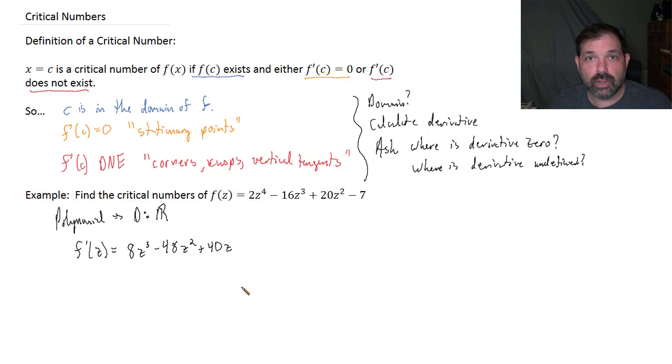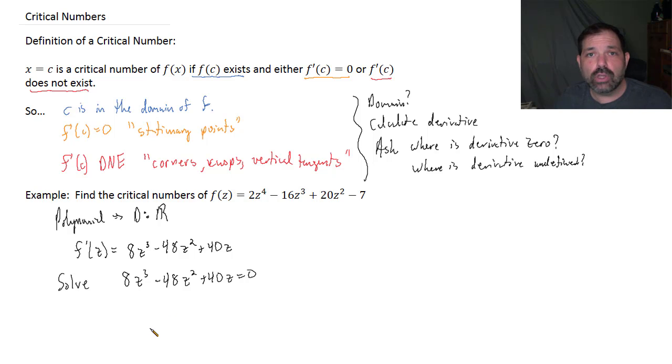Now notice that this derivative function is also a polynomial, and so it's defined everywhere as well. So we're going to ask, where is the derivative equal to 0? Where is 8z cubed minus 48z squared plus 40z equal to 0?